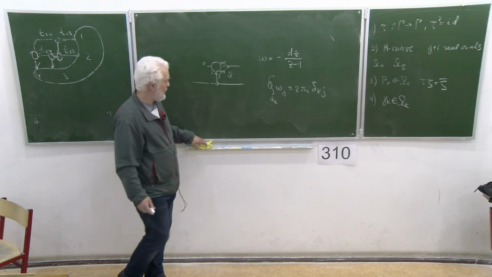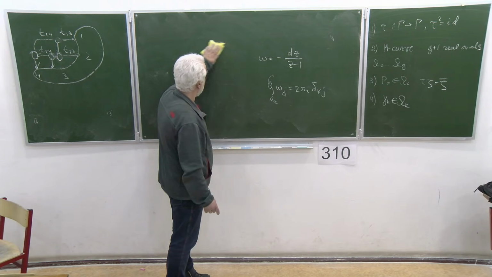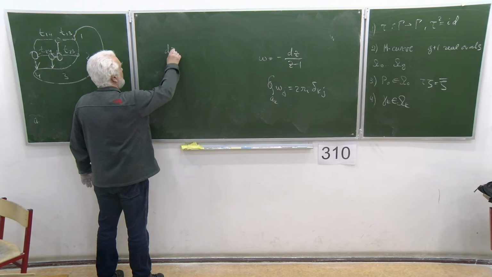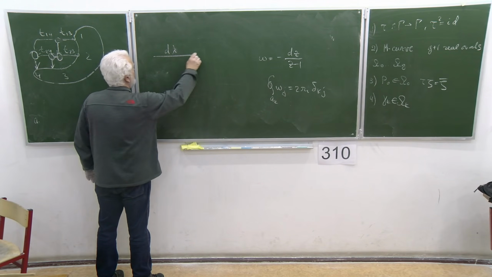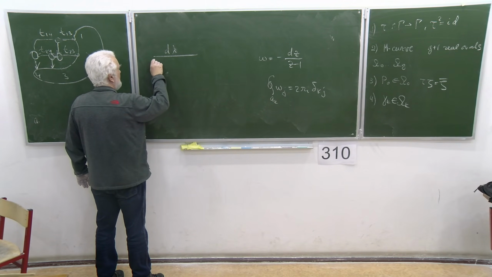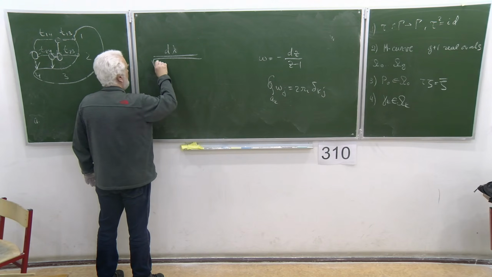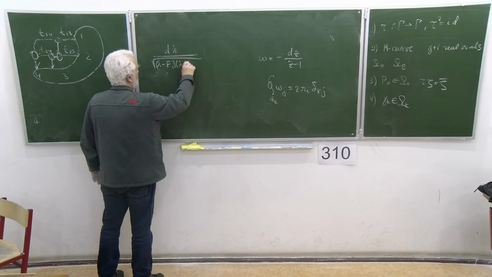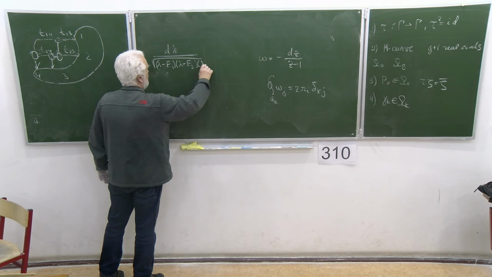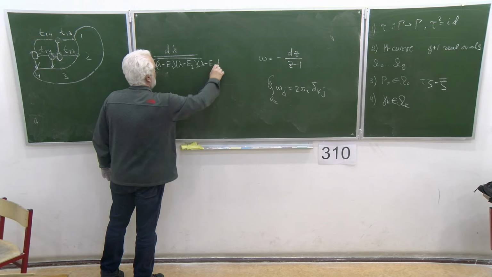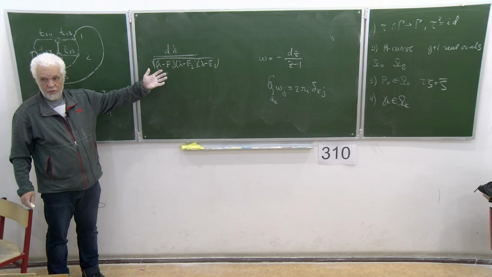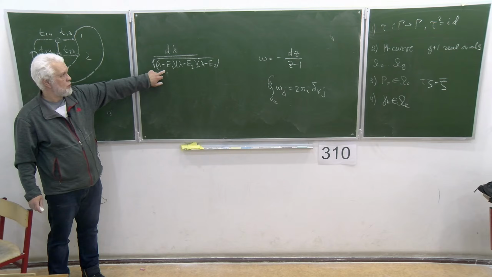Consider the simplest case, an elliptic curve, d lambda over the square root of 4 and so on. This is the standard elliptic curve, with its standard holomorphic differential.